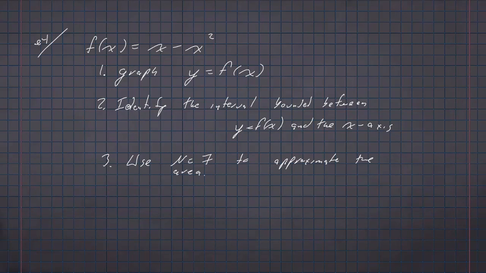And then using n equals 7, so dividing this up into 7 trapezoids, calculate an approximation for the area of that region.